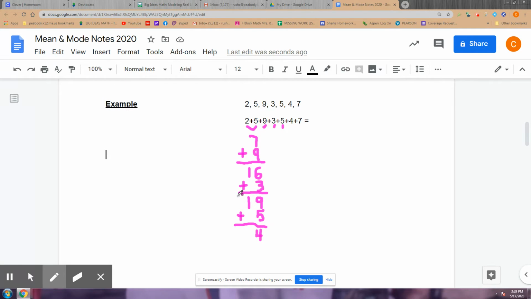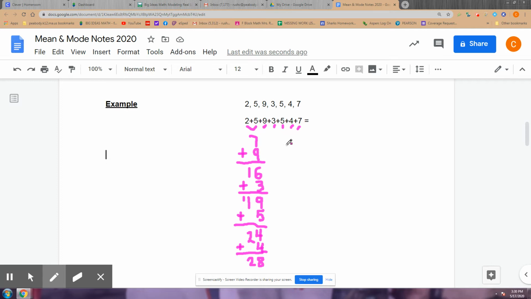Great, keep going. I have two numbers left, the 4 and then the 7. 24 plus 4 is 28. And then the last one we're going to add is the 7.